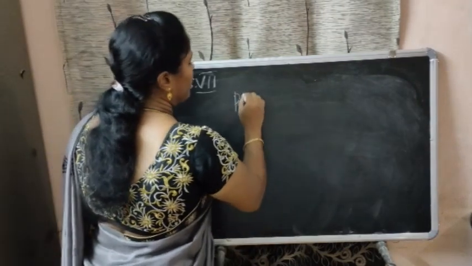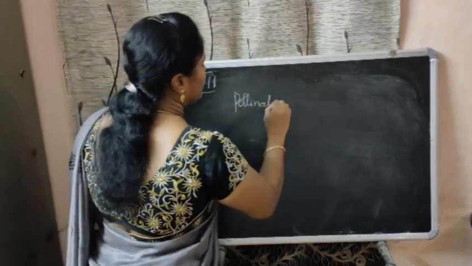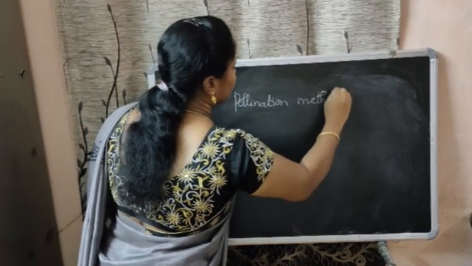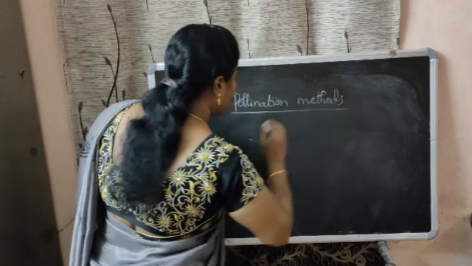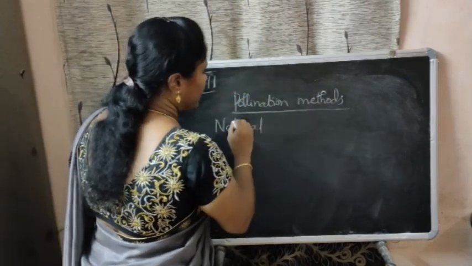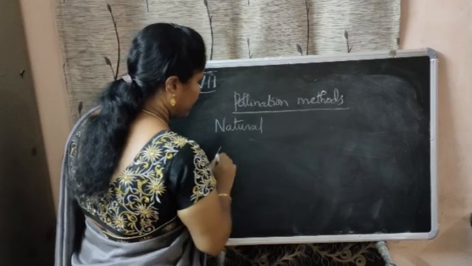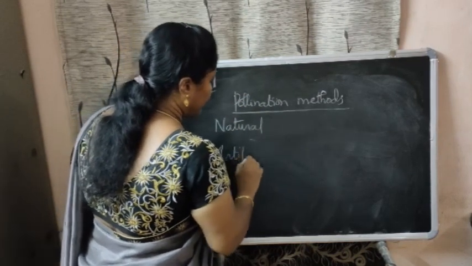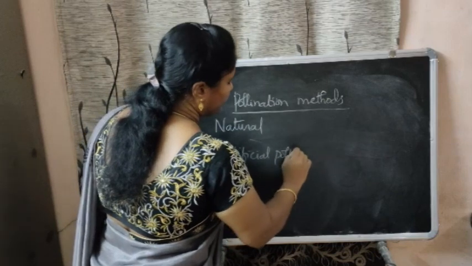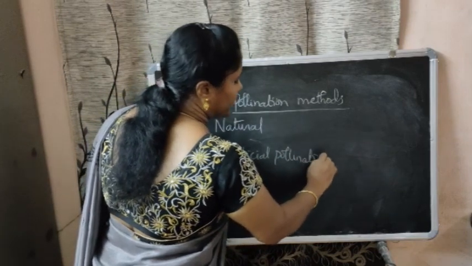Methods of pollination. There are two types: natural pollination and artificial pollination. First, what is pollination?